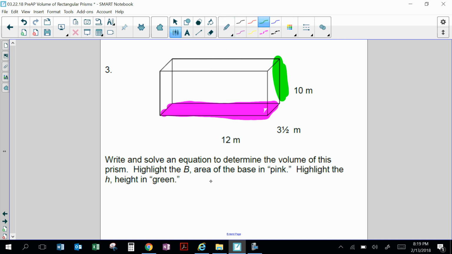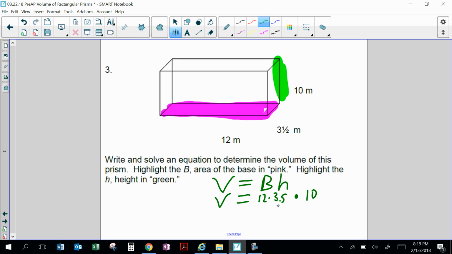An equation to find the volume is V equals capital B H. So we're finding volume. What type of polygon is this pink area? It is a rectangle. How do you find the area of this rectangle? You multiply the base, 12, times 3.5, times the height of this rectangular prism.